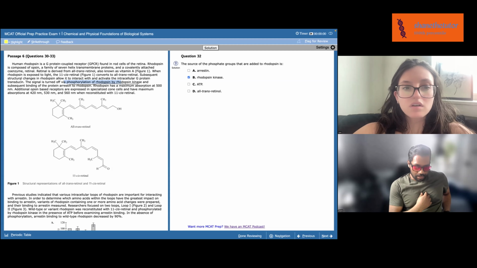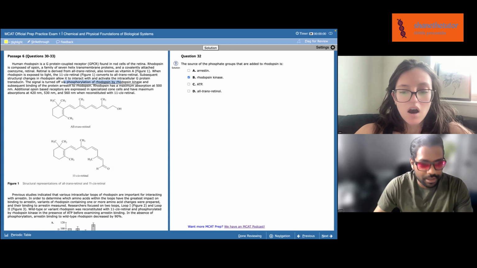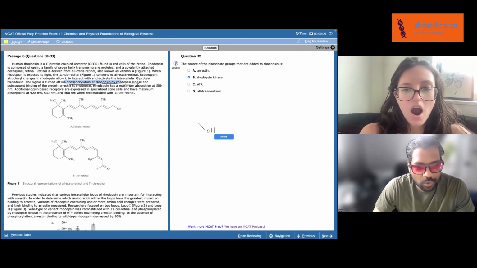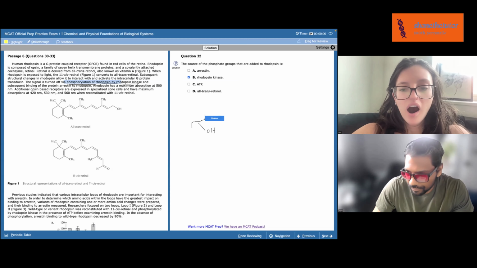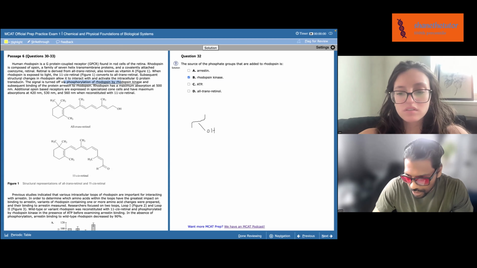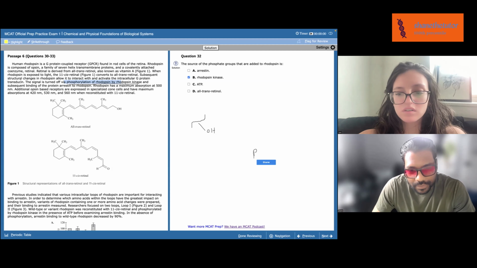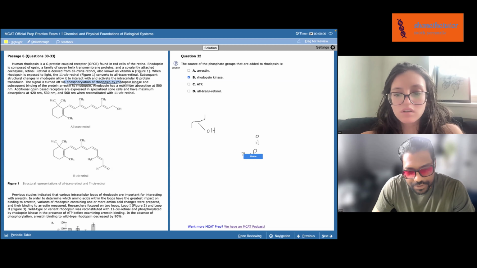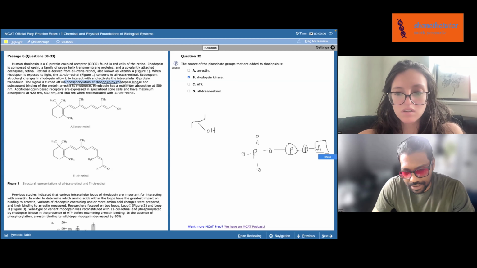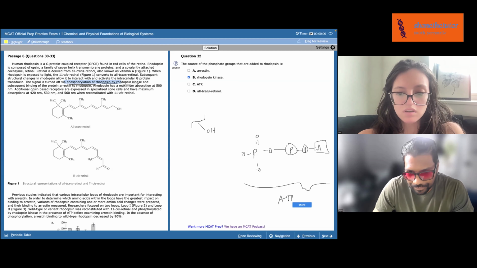So STY will have your hydroxyl nucleophile, and your phosphate would be from, I'm just going to draw the other three like this. This is ATP, right?